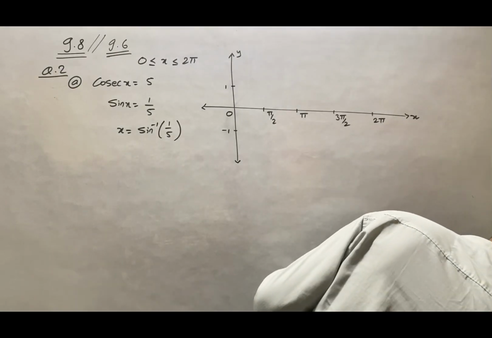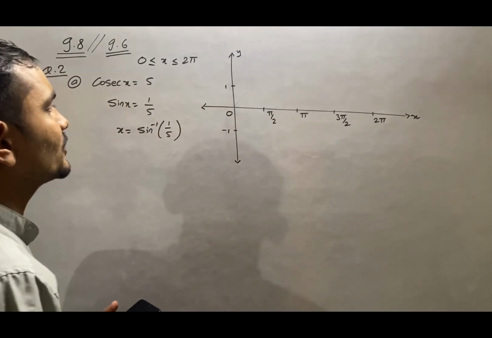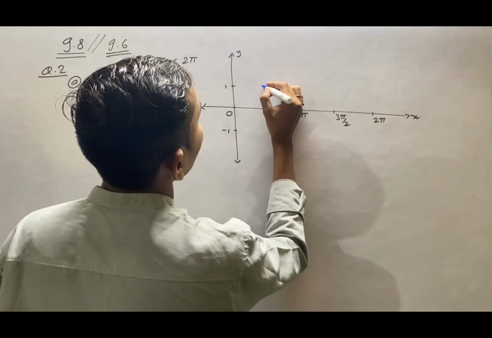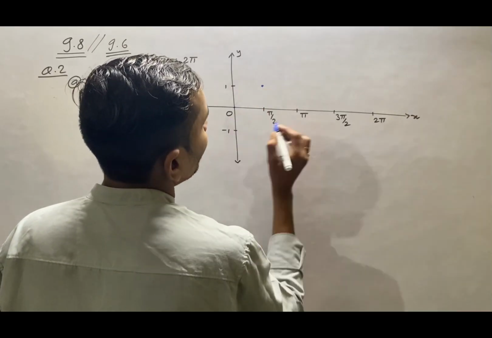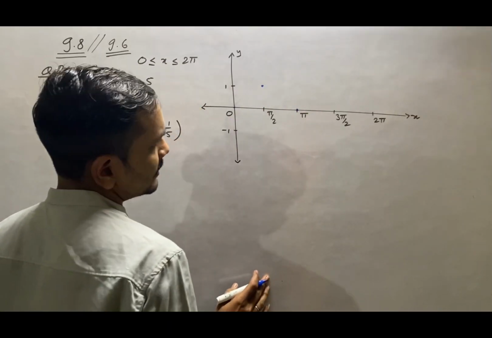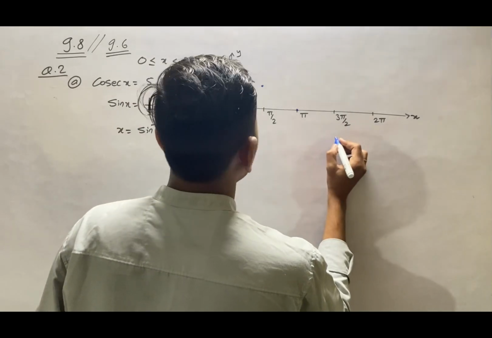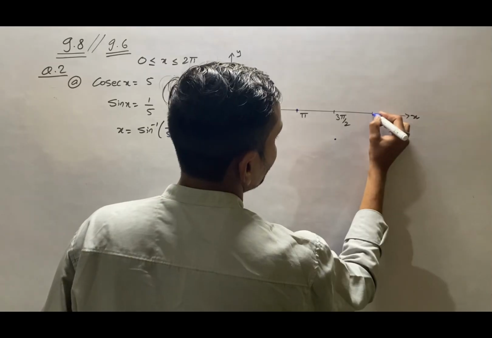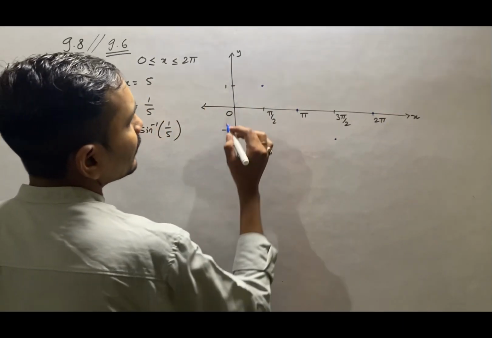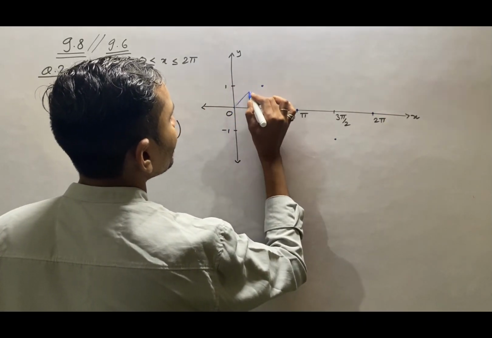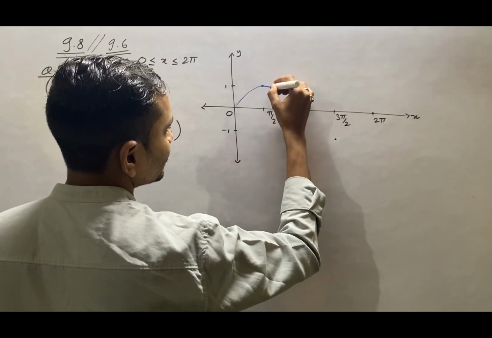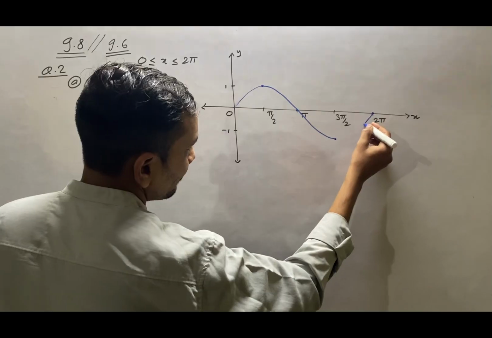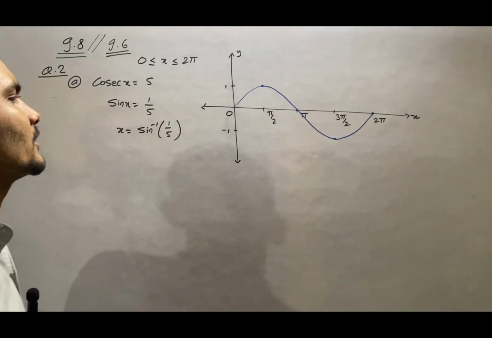So sine at 0 degrees we have 0, at 90 it is 1, then at 180 or pi it is 0, at 270 or 3 pi over 2 it is negative 1, and again at 360 it is 0. Let's connect these coordinates to get the graph. This is sine of x.